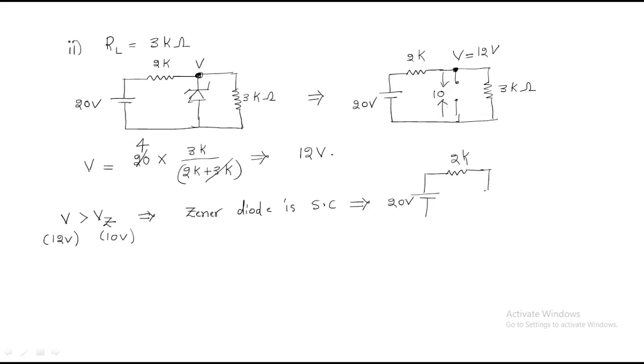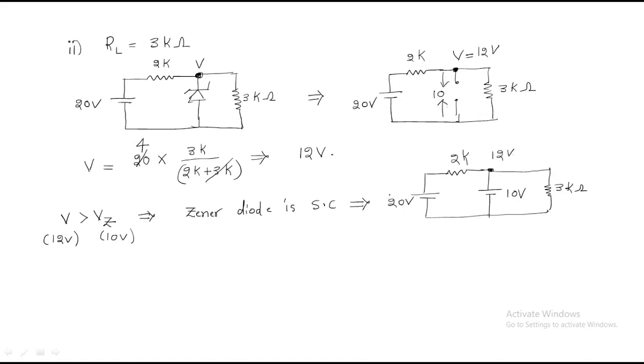The GNR is represented by a voltage, that voltage is 10 volts, because it is short circuit, but whenever it short circuits, automatically it acts as a voltage source, and this is the 3K, 3 kilo ohm. You know that this voltage value is 12 volts.